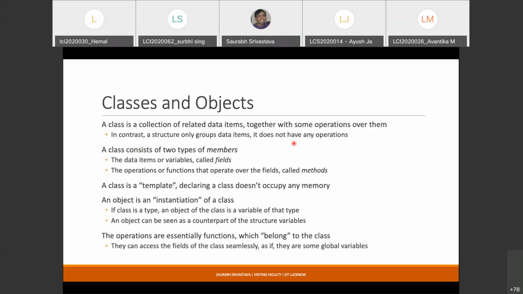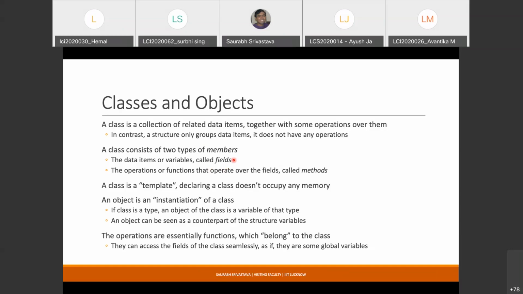So in layman's terms, the first difference between a class and a structure is that in a class you have these member variables. Now we call them fields, by the way. Instead of calling them member variables, the term we will use is fields, and the fields are exactly the same as member variables.